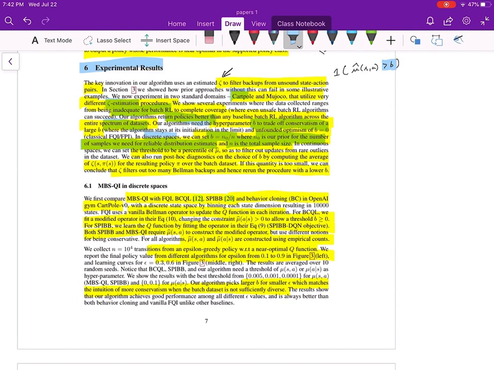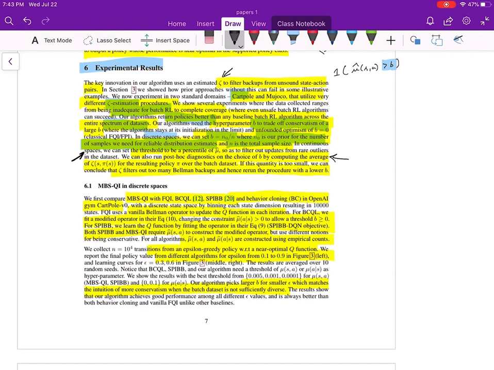Let's go ahead. We can set the threshold percentile of mu hat for the Xi function. You can also run post hoc diagnostics on the choice of b, like a line search sweep: evaluate for different values of b and then pick the best b using some kind of validation analysis.